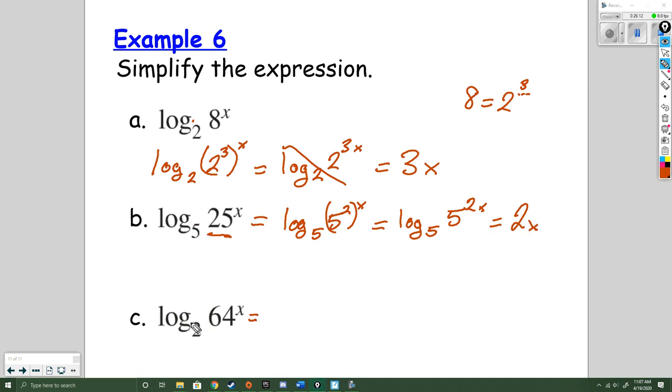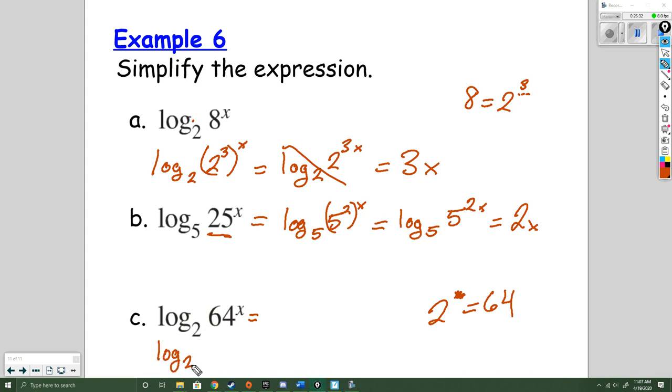And then finally for part C, ooh, this one's kind of tricky. 2 to what power is 64? Let me not put x there because we already have x. 2 to what power is 64? That might be a tricky one. So we're going to rewrite that.